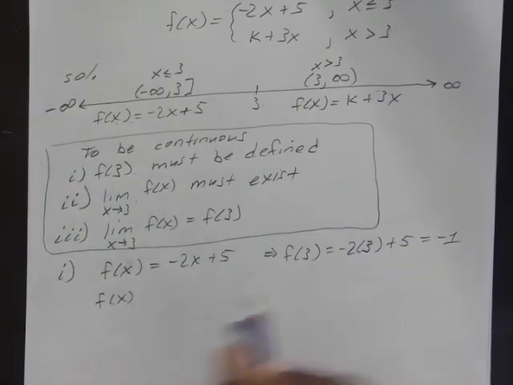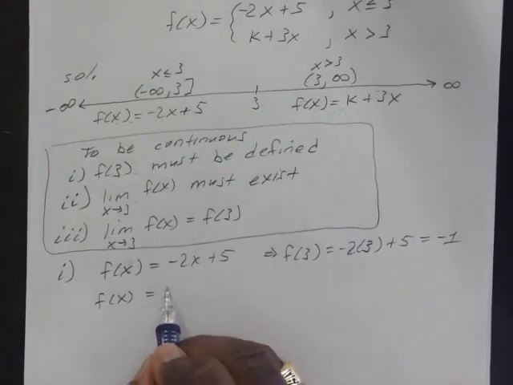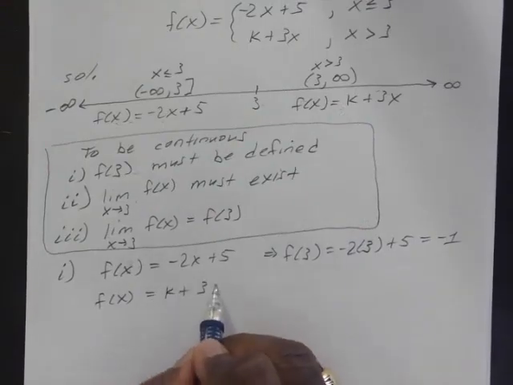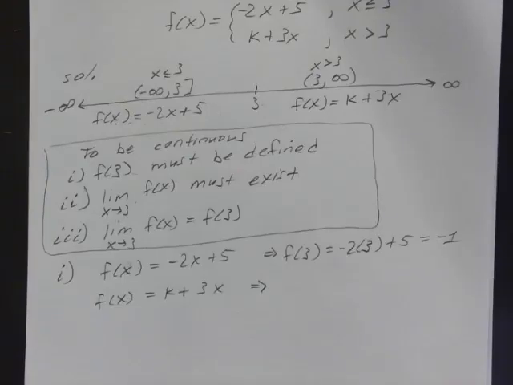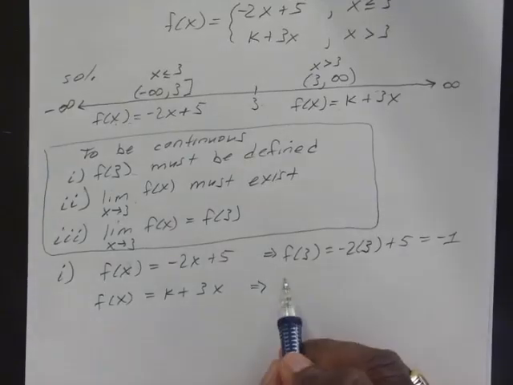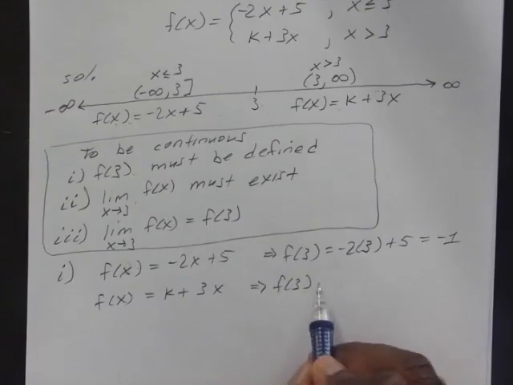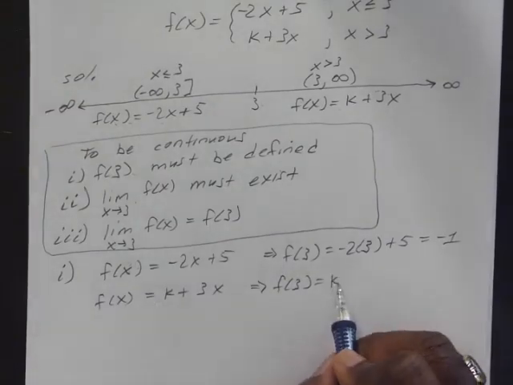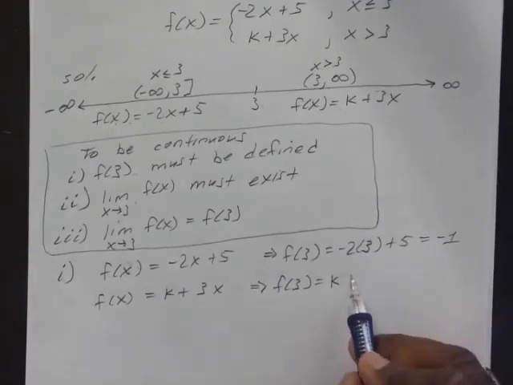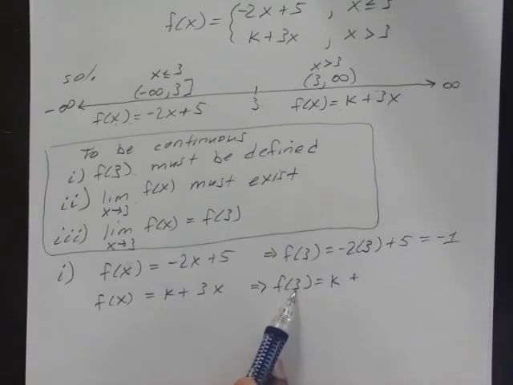And the f of x on the right is equal to k plus 3x. Which means that f of 3, we still don't know what k is, so we have to leave it as just k, plus, now the x we're going to replace with 3.